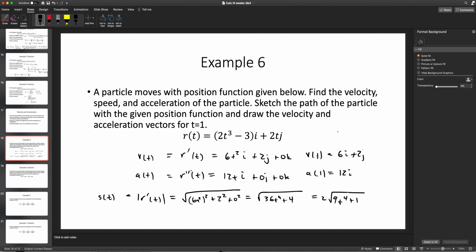So these correspond to the vectors 6, 2, 0 for v of 1, and for a of 1, it's just 12, 0, 0. Okay, so those are the vectors that we're looking at. So we just need to draw a little sketch.